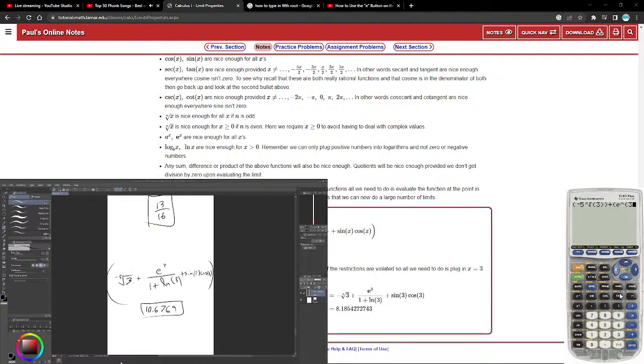E to the power of 3 divided by 1, in parentheses, 1 plus natural log 3 plus sine 3 cos 3. Are you serious, dude? What am I doing wrong? This is so dumb.